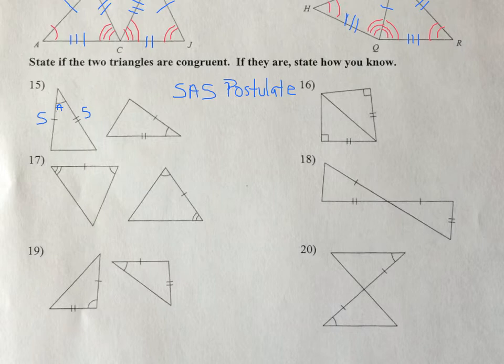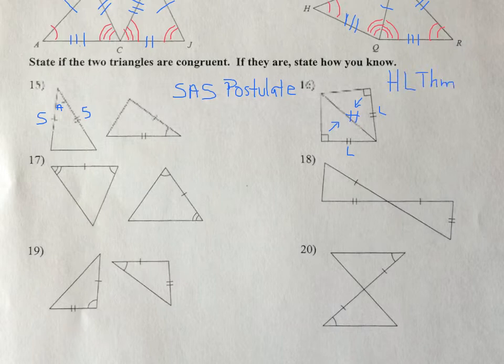Number 16. In number 16, we have a right angle. So across from the right angle, that was the hypotenuse. So here's the hypotenuse. Then the two sides that form the right angle, those are the legs. So here I have two of those legs marked congruent. Okay, so that would be the leg and the leg. So therefore, this is hypotenuse, leg, theorem.